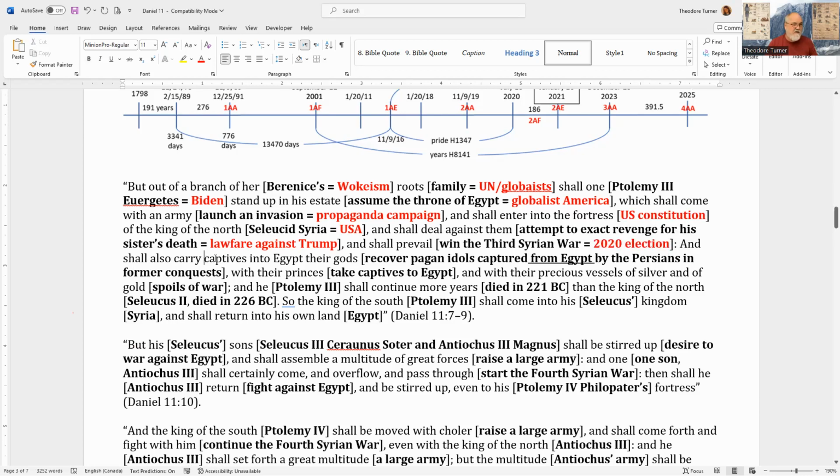And shall also carry captives into Egypt, their gods, recover pagan idols captured from Egypt by the Persians in the former conquest. Now, if we're going to make a parallel with this, what would we do? And maybe what we're doing is wrong here, right? So we're trying things out. So what are the pagan idols captured from Egypt by the Persians? So what are those representing?